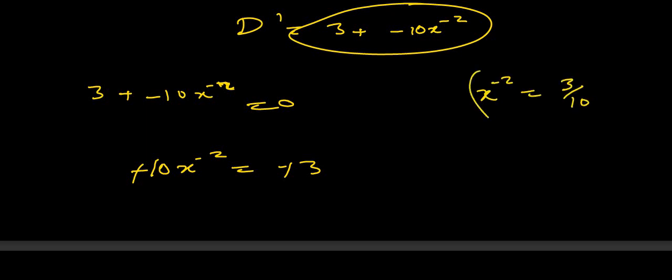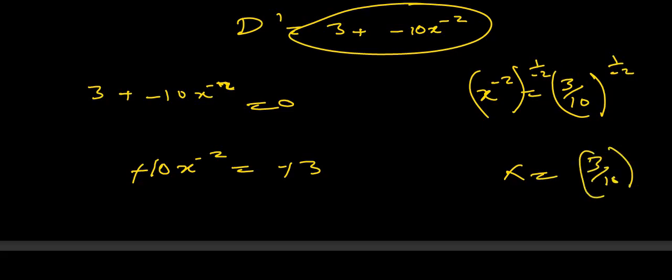Then here we can just introduce 1 over negative 2, 1 over negative 2. So x is equal to this. So the x value is the one that helps us to get the d value. So we get this x and replace it in the original, we get the amount that was needed. So this here is a minimum, because if you differentiate this again, the answer is going to be negative.